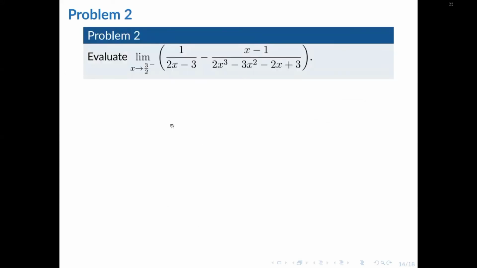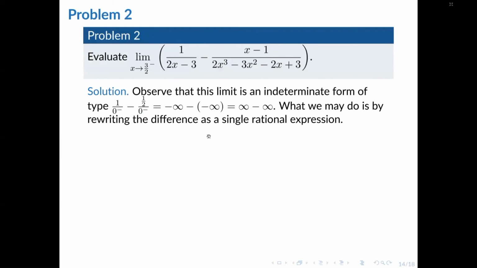So for problem 2, evaluate the limit of the quantity 1 all over 2x minus 3 minus x minus 1 all over 2x cubed minus 3x squared minus 2x plus 3 as x approaches 3 halves from the left. So you can try directly substituting 3 halves to the function.